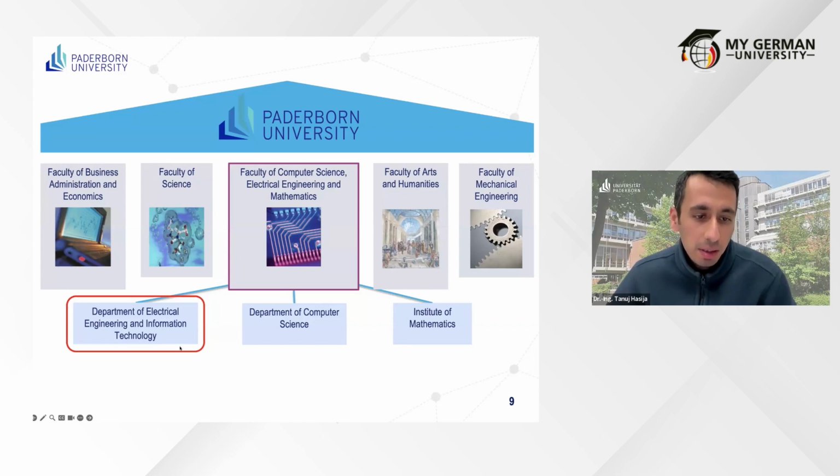The main department responsible for this particular course is the Department of Electrical Engineering and Information Technology. But of course, all 3 departments in the faculty work closely, so some of the courses are spread across the whole 3 departments.